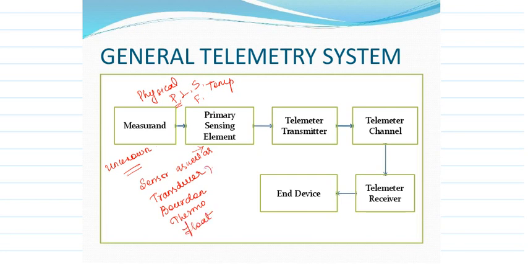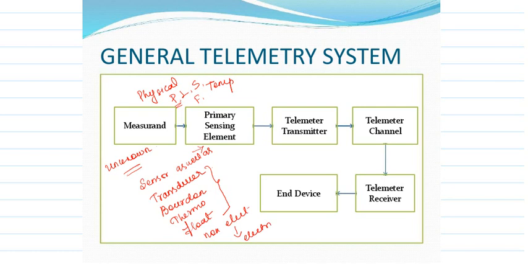According to my input variable, I have to choose the sensor as well as the transducer. The sensor senses the information and transmits it, but the transducer converts a non-electrical quantity into an electrical quantity.